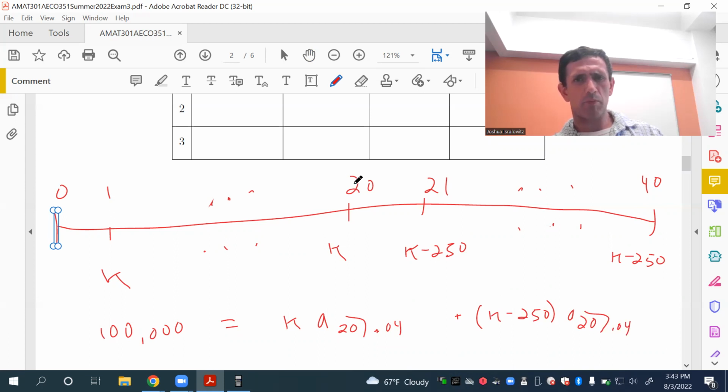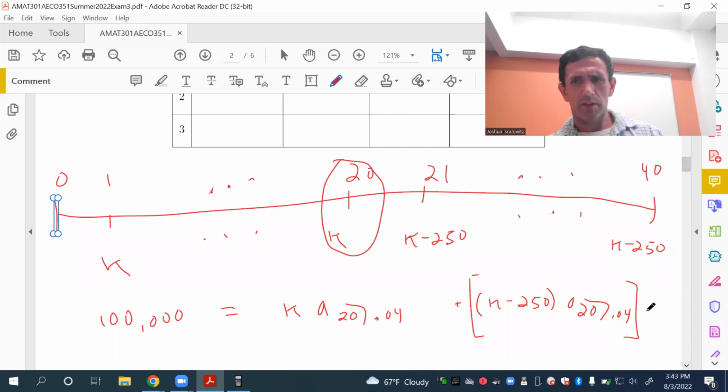But again, that gives me the present value of the last 20 payments at t equals 20, so I have to discount this by 20 years at 4%. It's a common interest rate of 4%. I'm trying to squeeze this in here. It's minus 20 here.